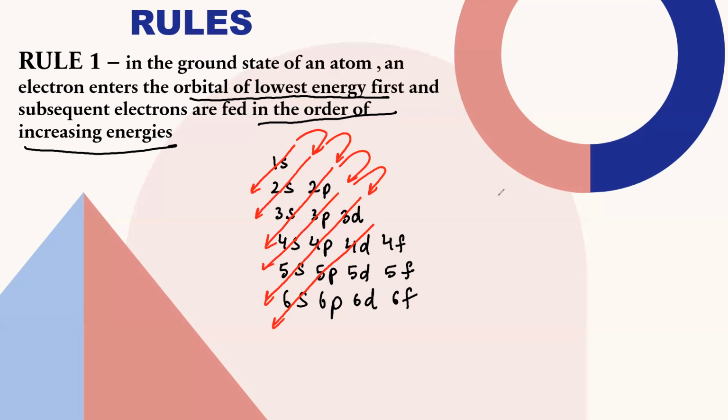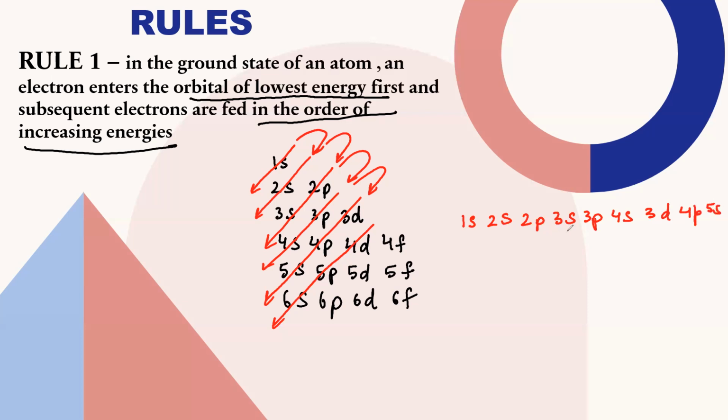If you see, 1s has the lowest energy, followed by 2s. Then comes 2p. Then comes 3s, and then 3p. After 3p comes 4s. After 4s comes 3d. And after 3d comes 4p. And after 4p comes 5s.